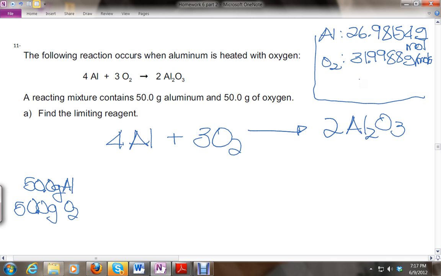And then aluminum oxide is going to be 101.96128.